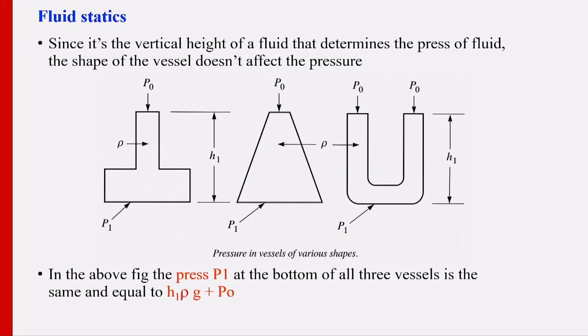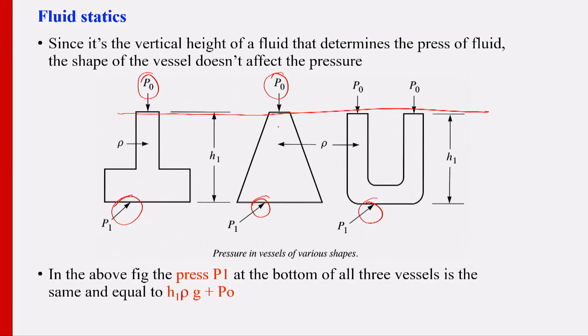Another point is that whatever the shape of the vessel, the pressure is the same. You just see here that P1 is the same here and also here. Then the pressure P0 is the same throughout the surface. It does not matter what type of vessel, P0 at this point is always the same, and in the same way P1 is also the same here.